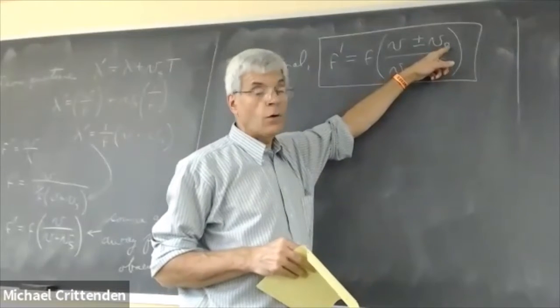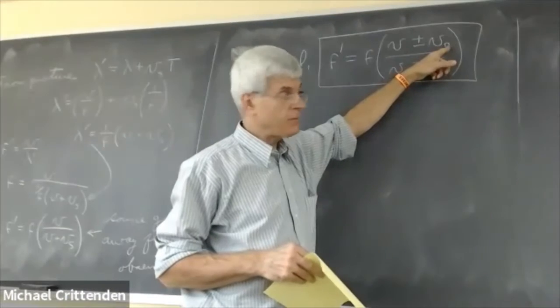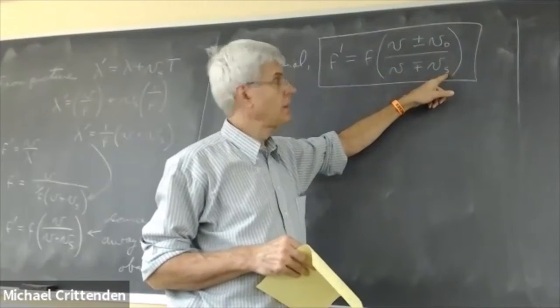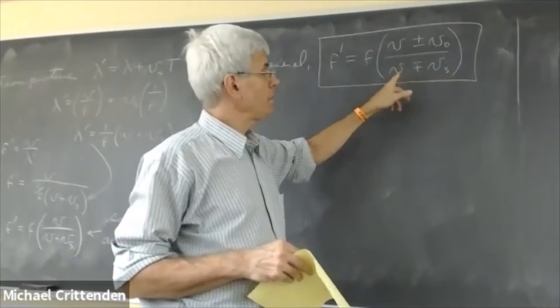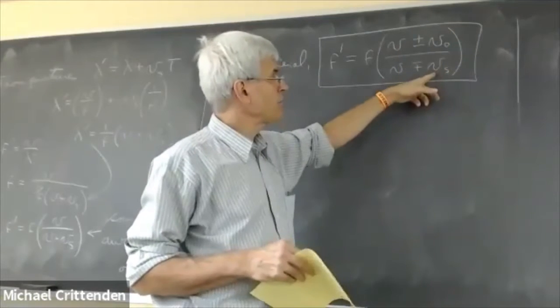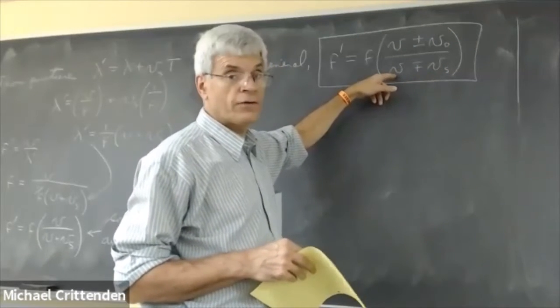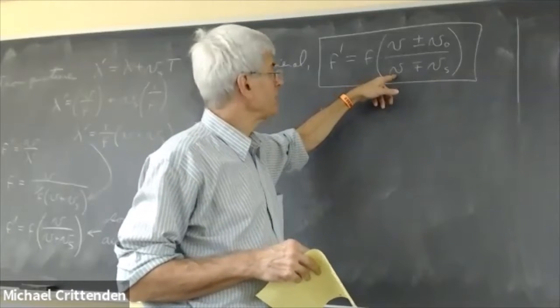V_O, O for observer, is the speed of the observer. V_S, S for source. If it's a car blowing its horn, that would be the speed of the car. And the V with no subscript is the speed of the waves.